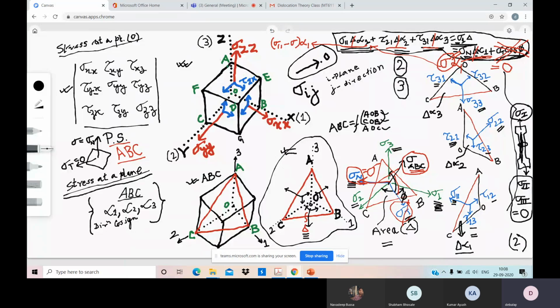It can also be resolved into sigma 1, sigma 2, sigma 3, 3 components along 3 major directions. So sigma square equals sigma n square plus sigma t square.